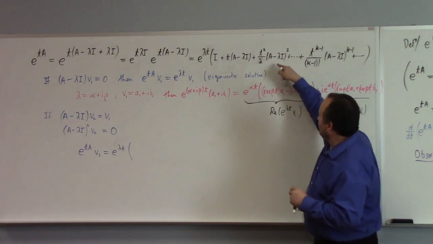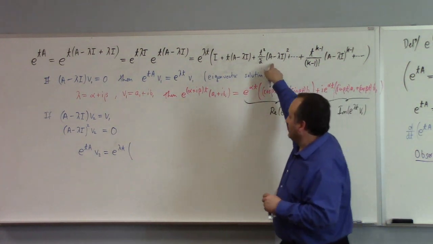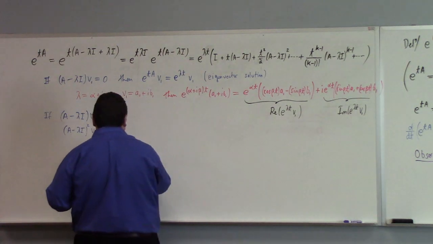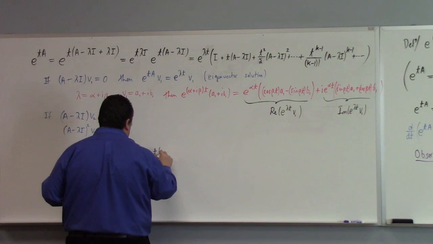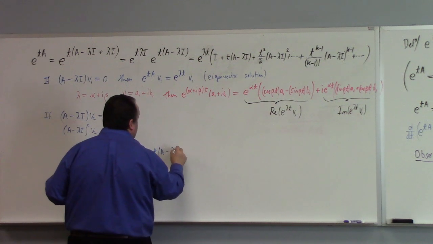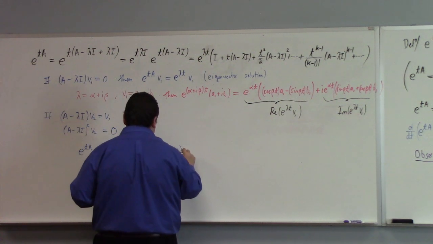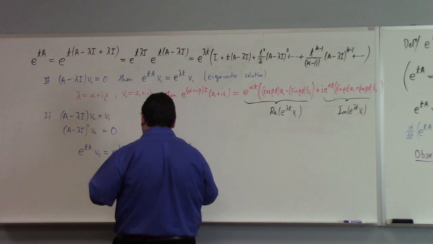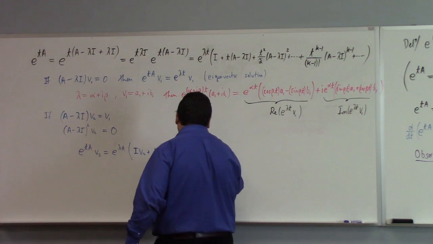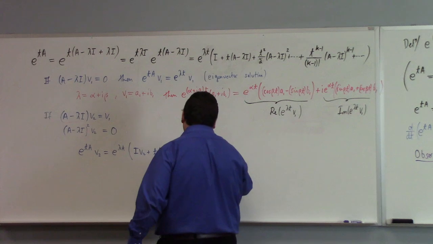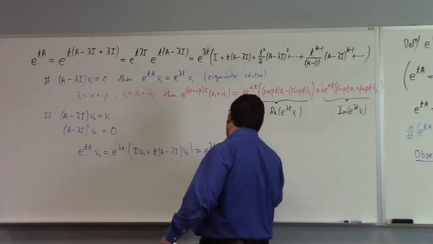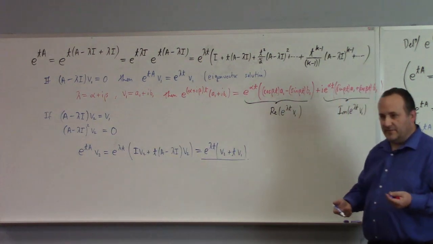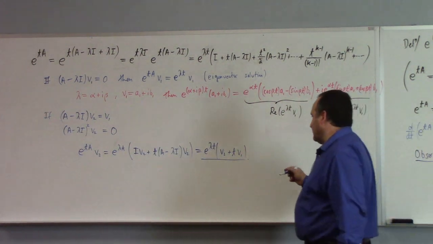Everything else is 0. I'll write down the two things that are non-zero. We get I times v2 plus t times (A minus lambda I) v2. That's just v1. Very good. And there you go. That is the generalized eigenvector solution.